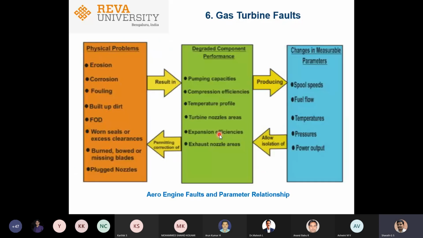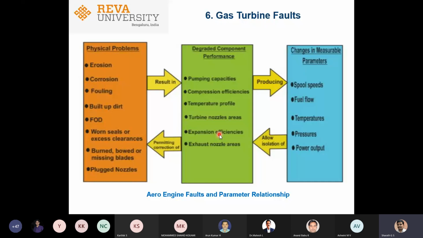Now, here you can see what kind of impact these aero engine faults have on component performance, and how they lead to a change in parameters. For example, these gas turbine faults will have a tremendous impact on the component performance.